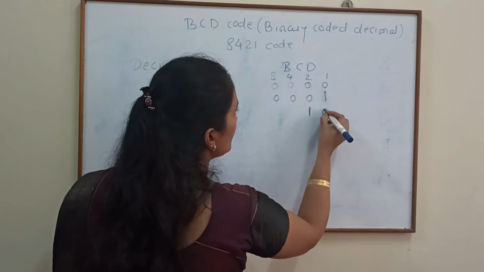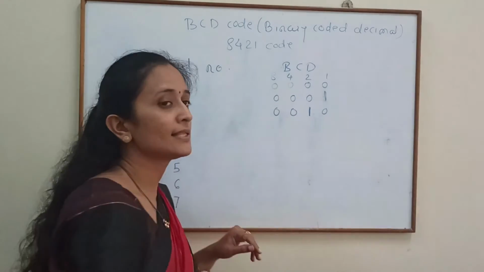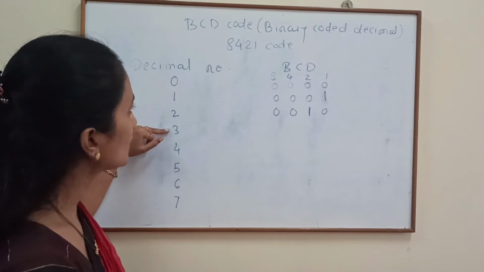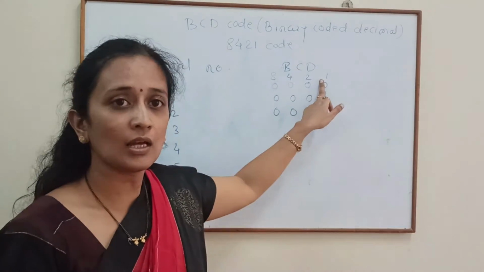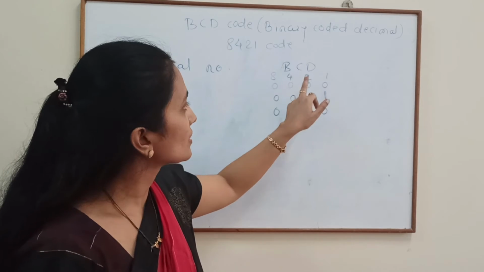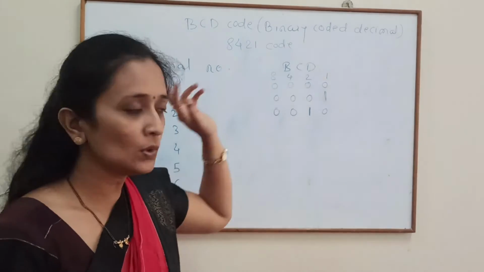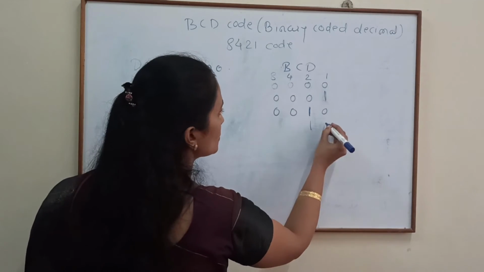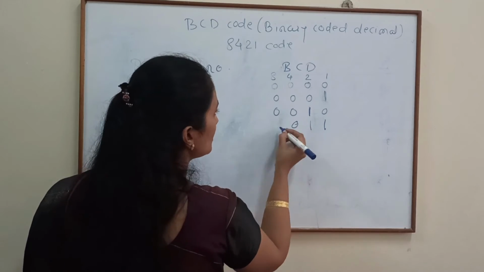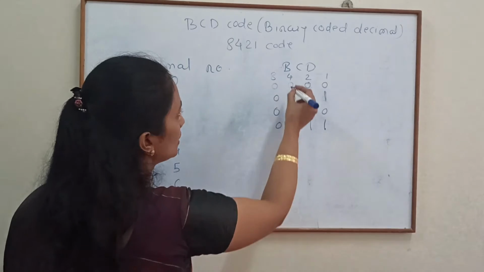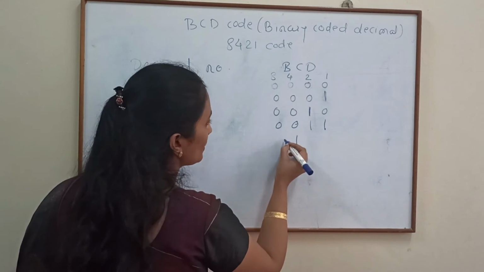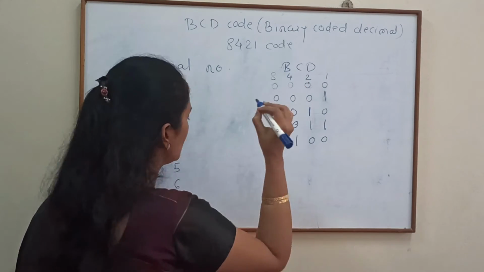Therefore write here 1, remaining will be 0. Number 3. If I want to get number 3, which digits I have to add? This and this. 2 plus 1 is equal to 3. Therefore write these two numbers as 1, remaining will be 0. Number 4. Only one place will be 1, remaining will be 0.